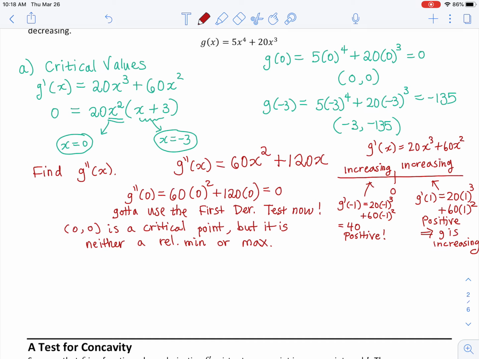Okay, so that's the conclusion for our special point 0, 0. It was simply just going up and then kind of stopped going up for a second right there and started going back up there. And that can happen, right?